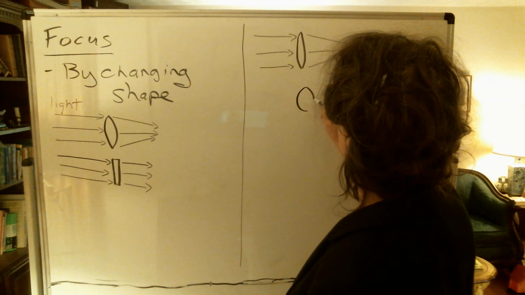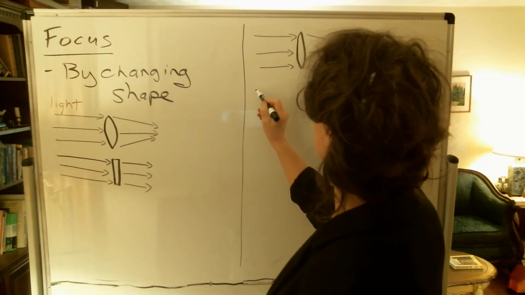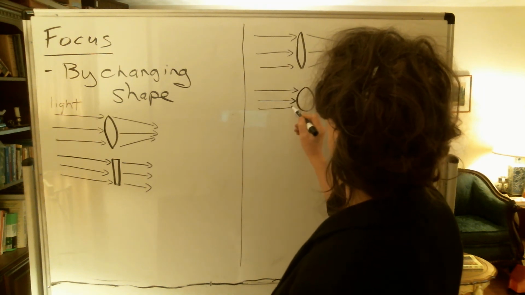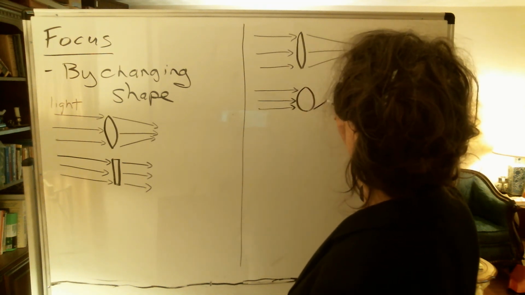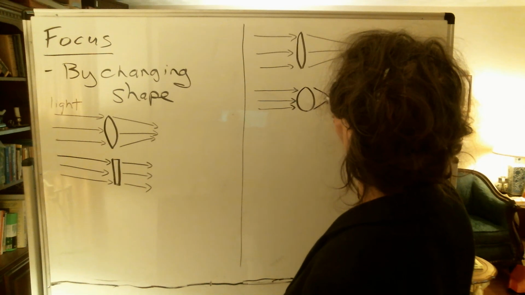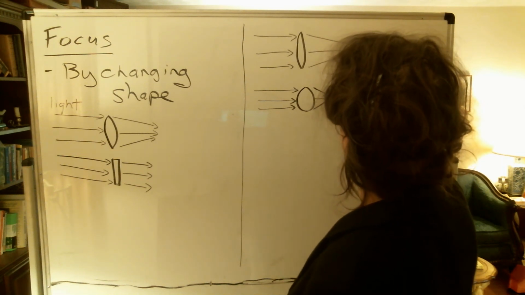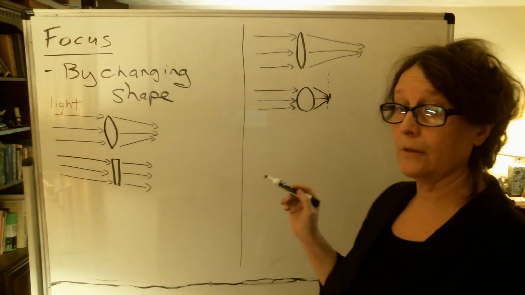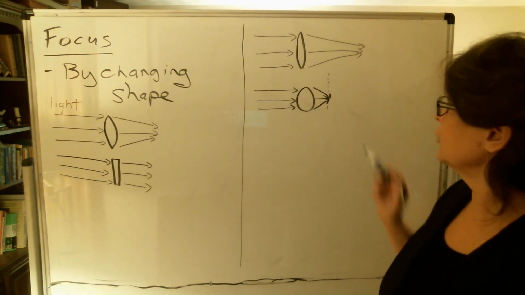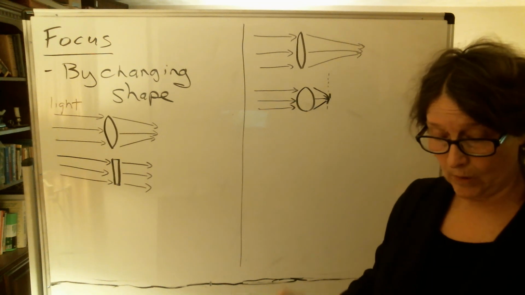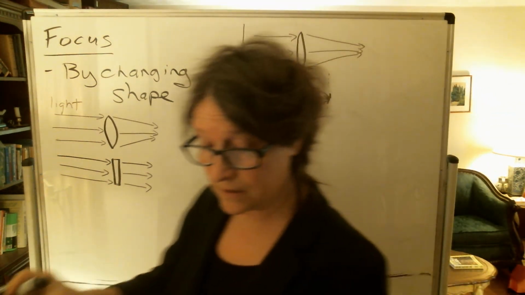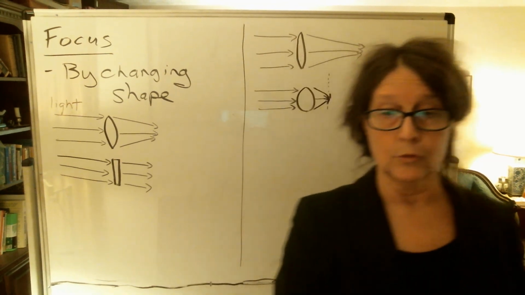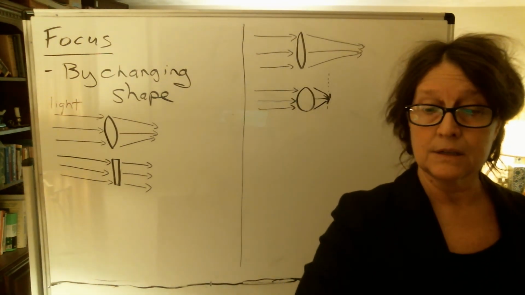On the other hand, if you have a more round lens, the light coming into this will be much more severely bent. So the place where that light will wind up coming together and focusing will be much nearer. And that then is how we focus our eyes, one way or another. And that is it. I'll move this way so you can see it. That is it for this lecture.